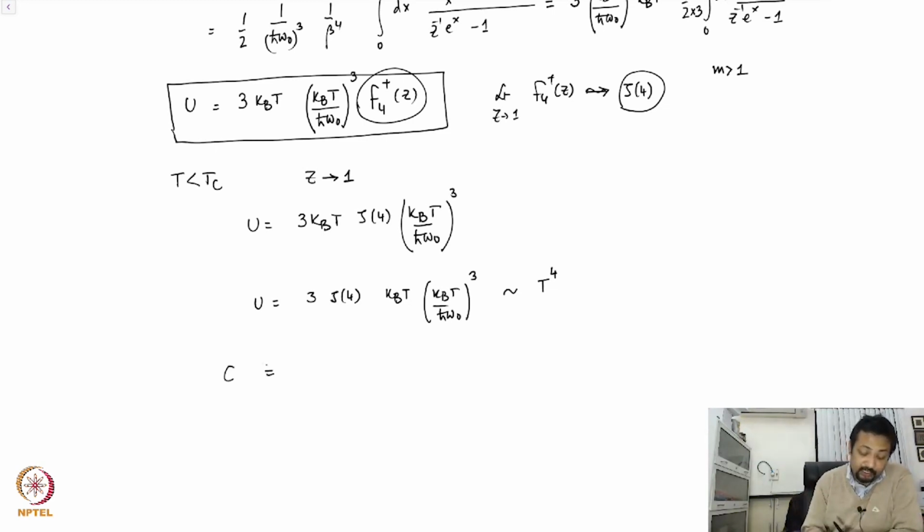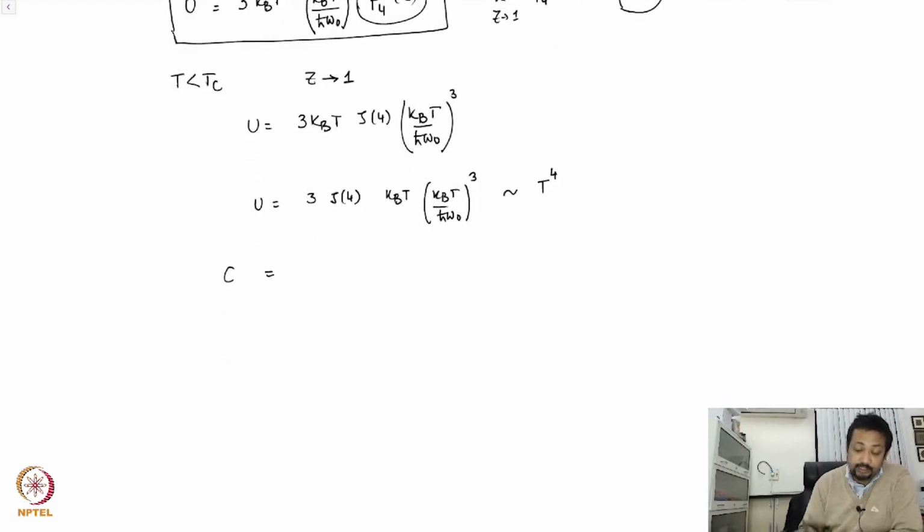The specific heat at constant volume is given by del U del T, so that I have 3 zeta 4 kB, and then I have kB over h bar omega naught whole cube, d/dT of T to the power 4, and that is 12 zeta 4 kB times kBT over h bar omega naught whole cube.